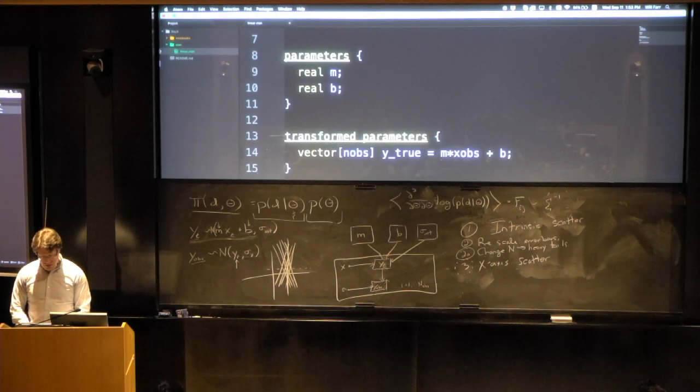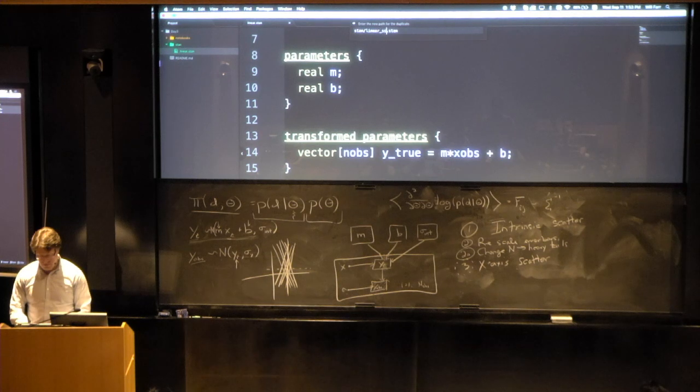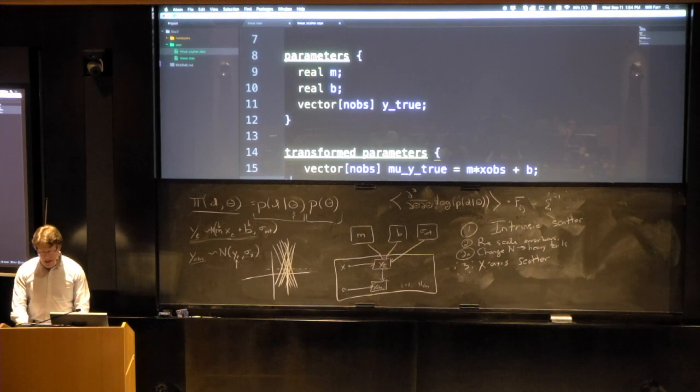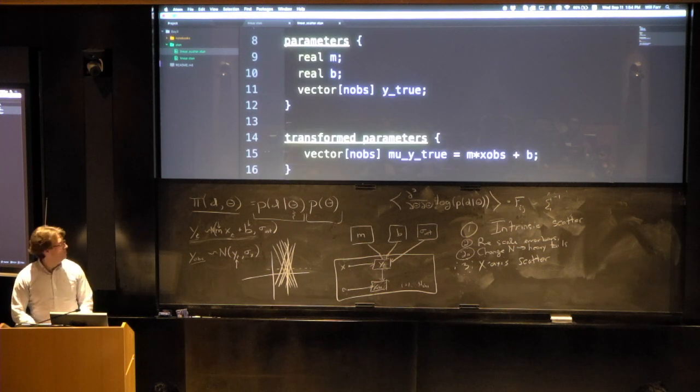Now we're going to do what you really shouldn't do, and we're just going to copy this file and name it something new. Okay, so now here, it really is the case that yTrue is a parameter. Its mean value is given by mx plus b. Oh, crap.